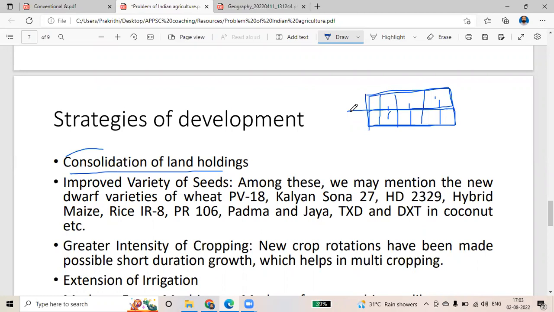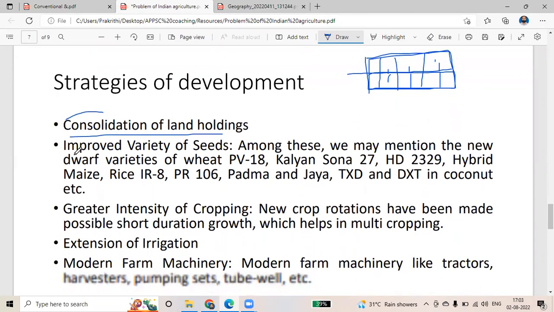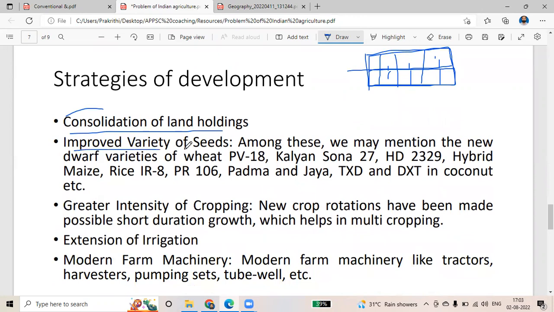Second one is improved varieties of seed. We know that the green revolution was a success. On the other side, there are a lot of health problems and other problems in the green revolution, but it was a great success for India.